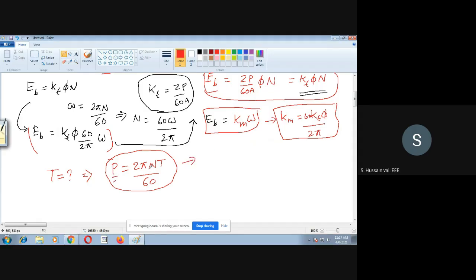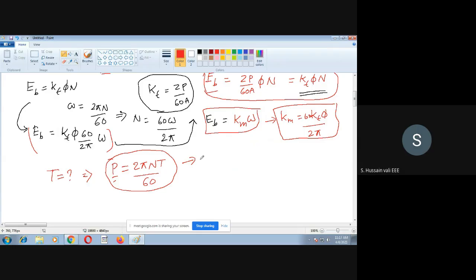What is power? See how the torque is produced in the DC motor. You are applying some armature voltage VA. Because of that armature voltage, some current IA flows into the armature. Then because of these two, some back EMF will be produced, that is EB.